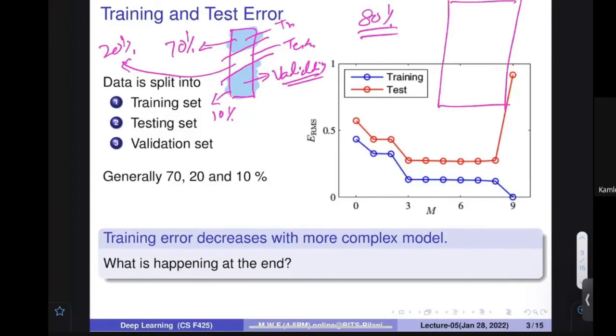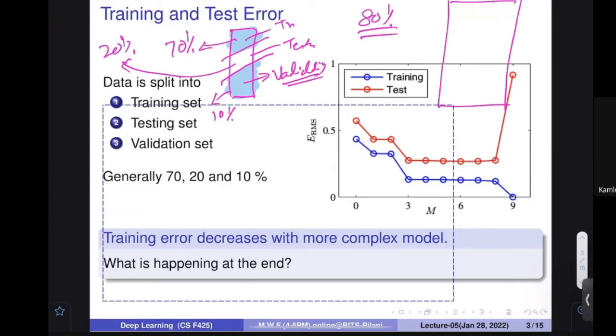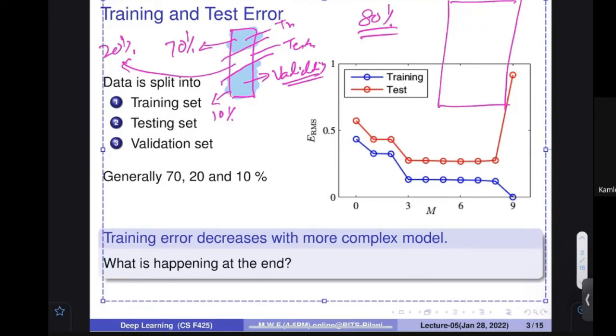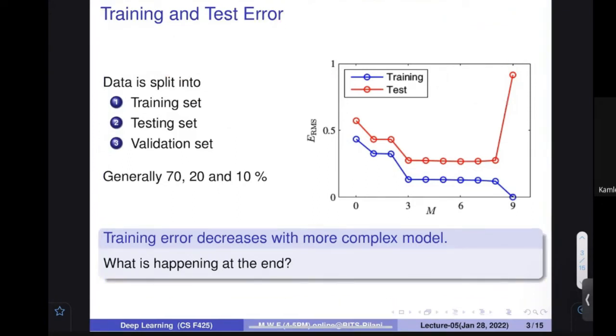Here we were discussing that you have divided the data into training and testing partitions. The training partition you use to train your system, and then you evaluate your system on the training and test partitions to see what the error is.